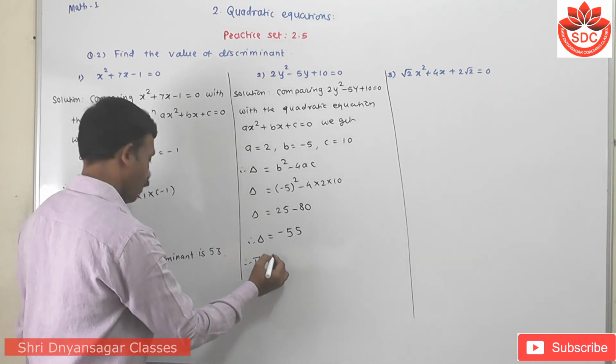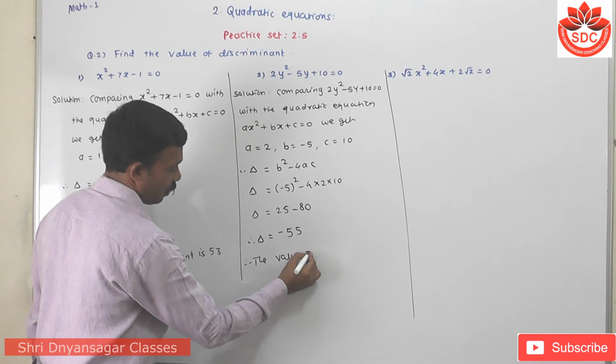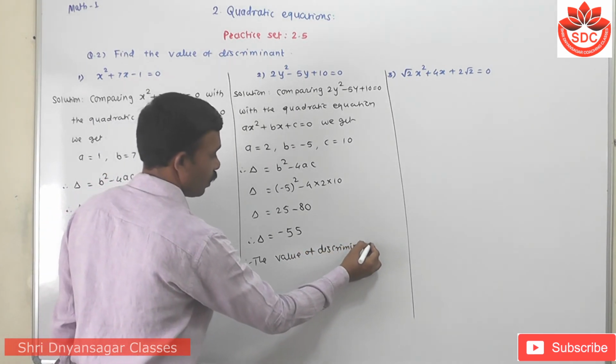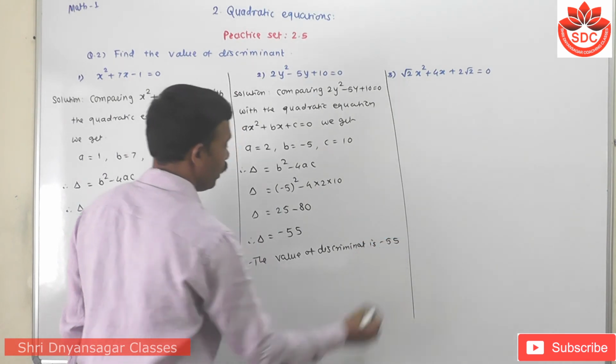Therefore the value of discriminant is minus 55.